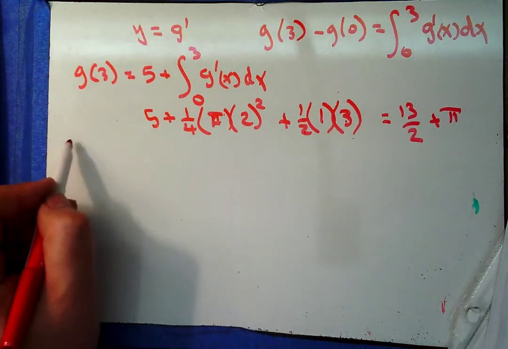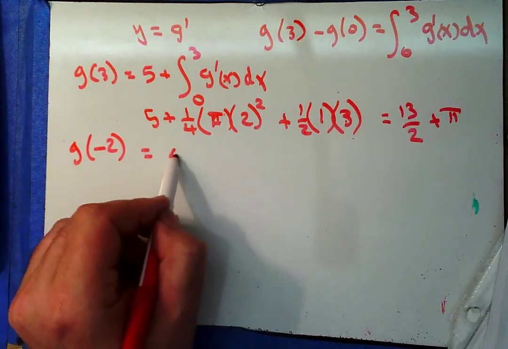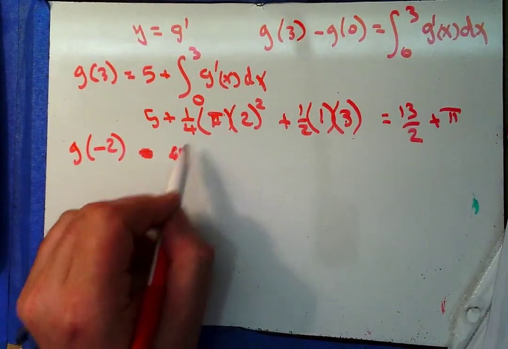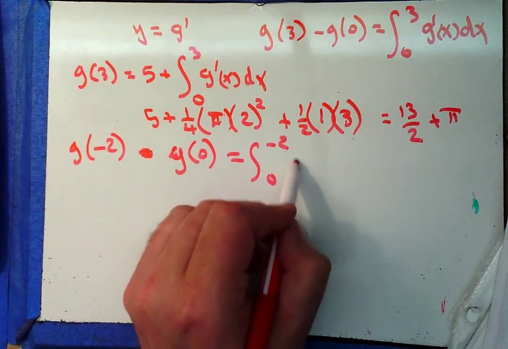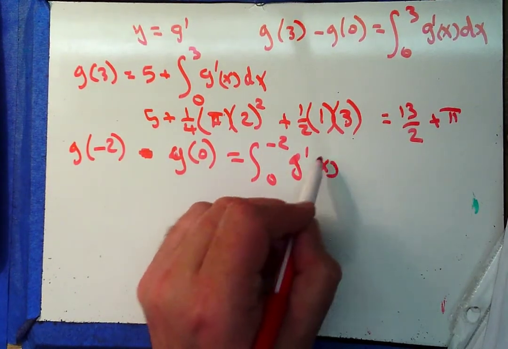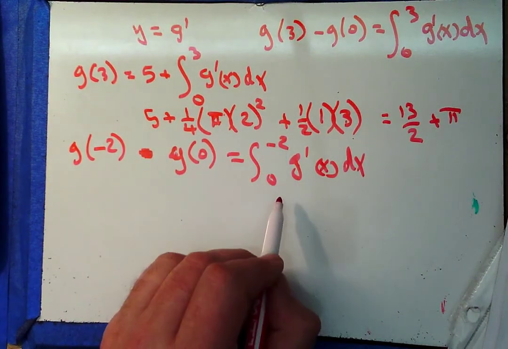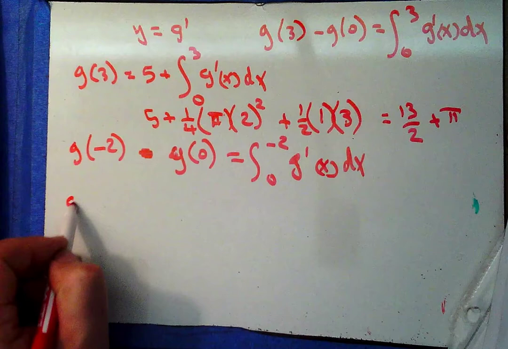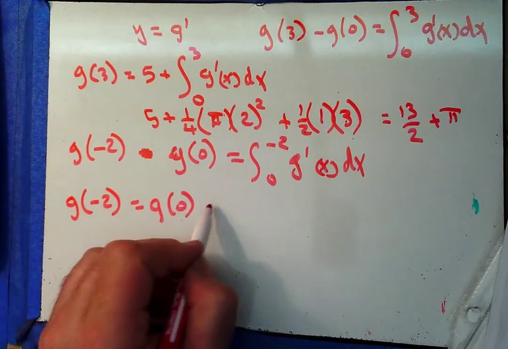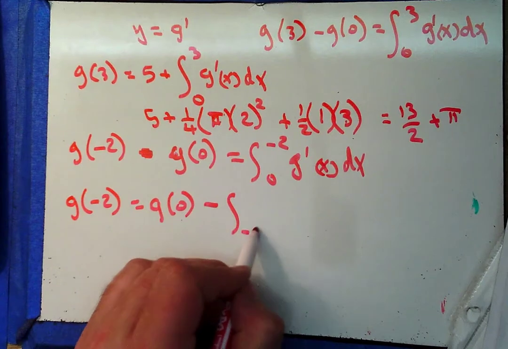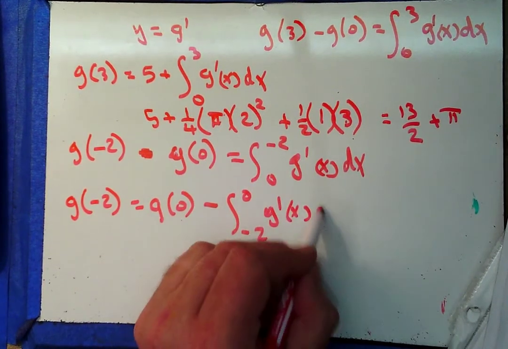They also want g of negative 2. Well, g of negative 2 minus g of 0 equals the integral from 0 to negative 2 of g prime of x dx. Again, though, I don't like integrating from 0 to negative 2. I would rather say that g of negative 2 equals g of 0 minus the integral from negative 2 to 0 of g prime of x dx.